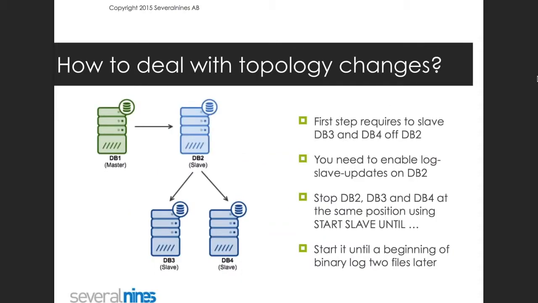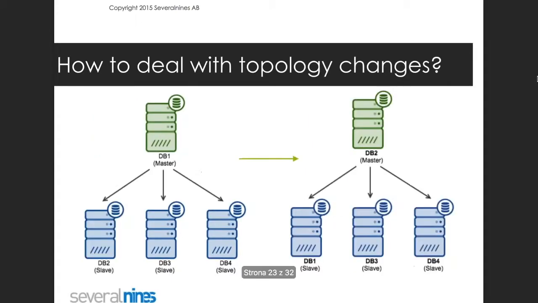So basically, the first step requires us to reslave DB3 and DB4 off DB2, and for that we have to stop the replication on those 3 hosts at the same position.